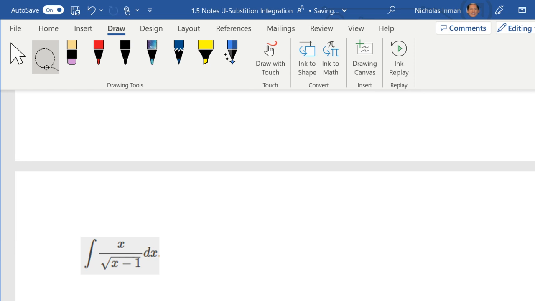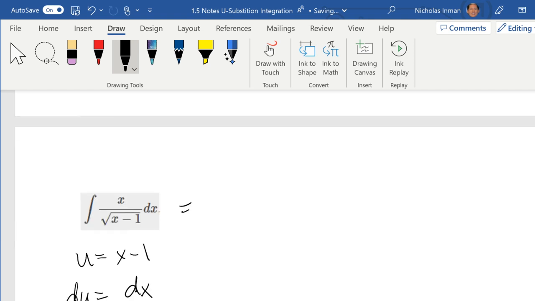Okay. So looking at this problem, I see something that's the most inner of this function. I see that x minus 1 inside a square root. We integrate, and all we get is just dx. So here is the problem.